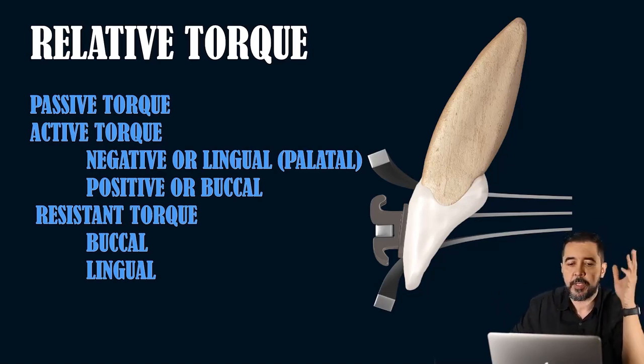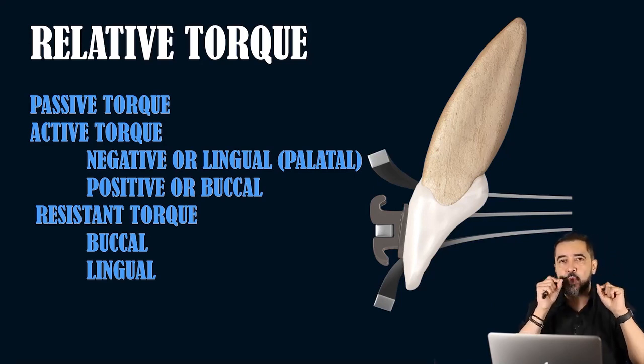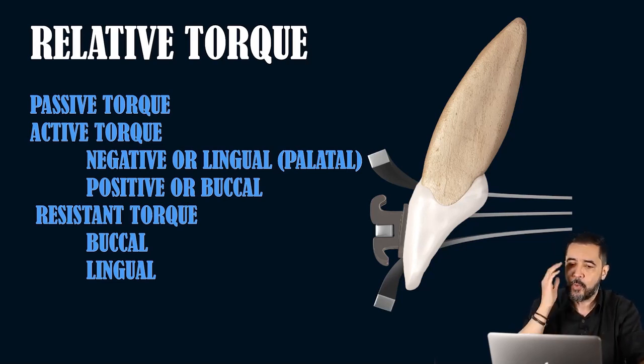So we have the possibility here of having a passive torque, meaning not neutral. Neutral refers to the real torque. When the relative torque is what we are thinking of, we use the expression passive torque, passive relative torque, okay?